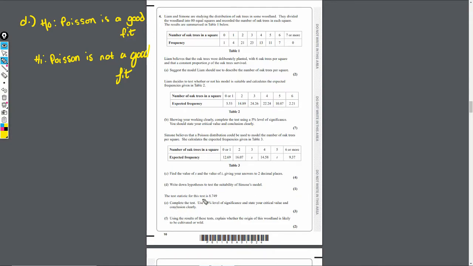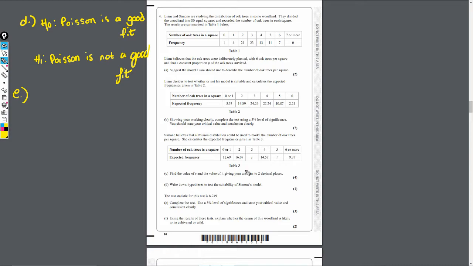Part E now, we're given another test statistic, 8.749. We just have to complete the test, okay? So let's look at our expected values first. So part E, well, we have S, that was, just give me a second, I've moved them out of the way.